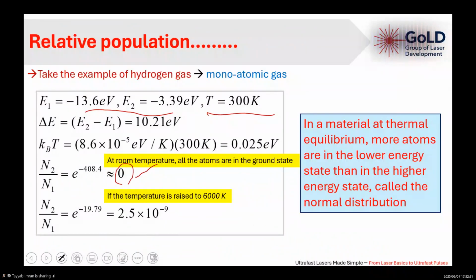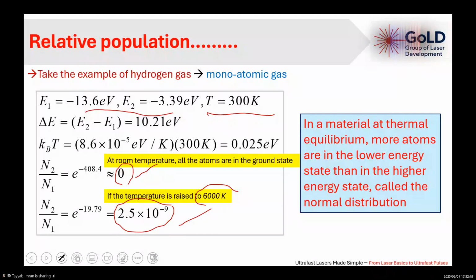And what is the value of this ratio here? At room temperature it is 0, but if the temperature is raised, its value is 0. I will not go into this detail. You go through and see. I may give you an assignment or homework related to this later on. This is just a high school kind of thing.